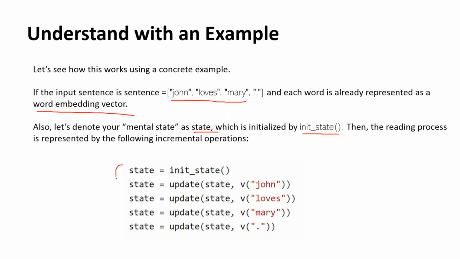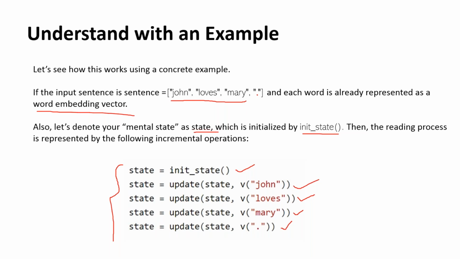So what would that be? First is your mental state, that is init state, and then you update. First you read John, and then you update the state with loves, and then again you update with Mary, right? And then finally you end the sentence with a dot.